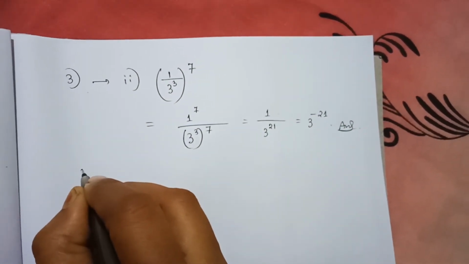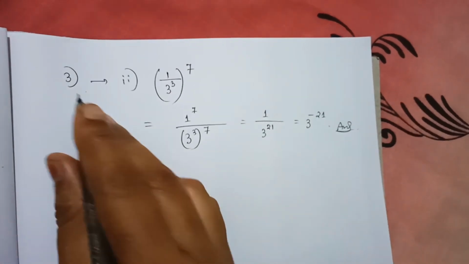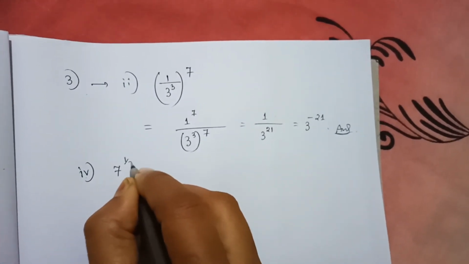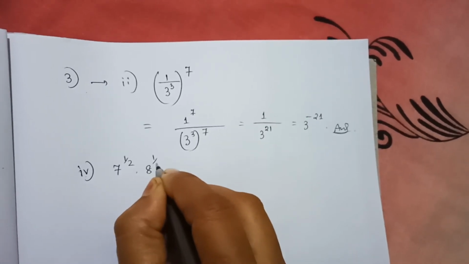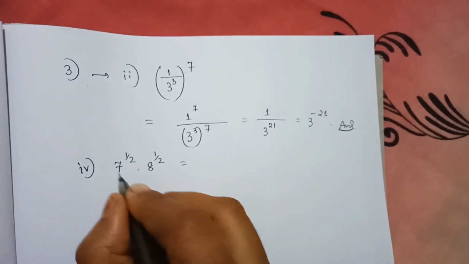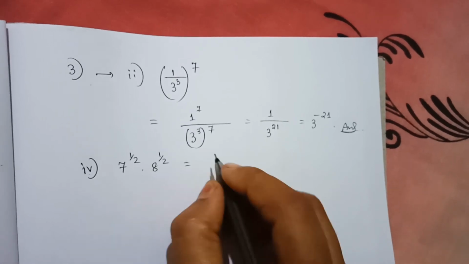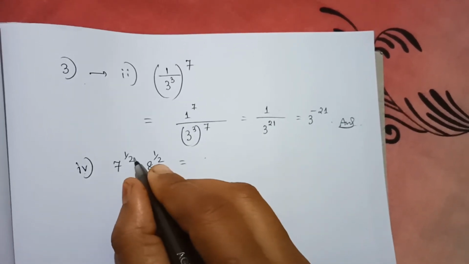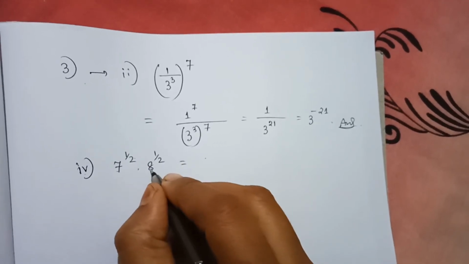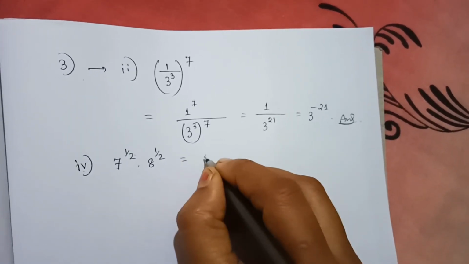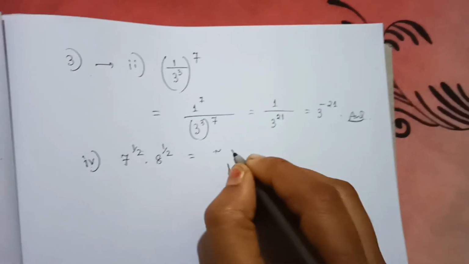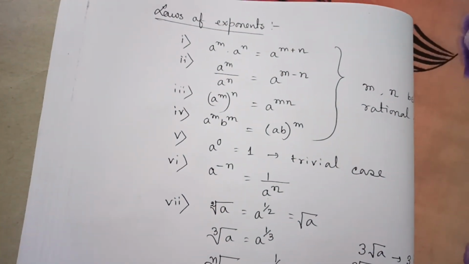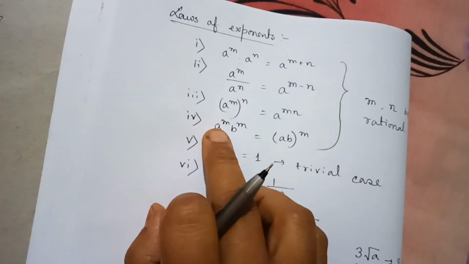Then number 4 I am doing. It's 7 to the power half into 8 to the power half. Look, I think it's the fourth formula, where both exponents are the same but the bases are different. Let me check once. Yes, the fourth formula.